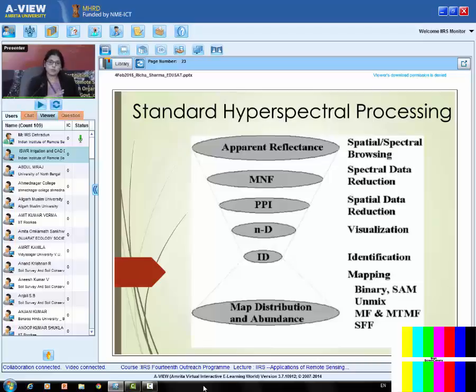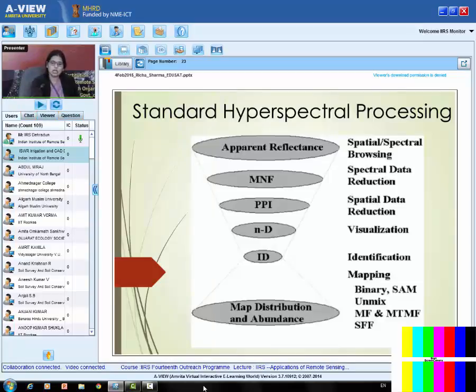Only those pure pixels we will visualize using the n-dimension visualizer, and then we will try to identify them for a particular class, say water class or soil class or a particular mineral, and that particular pixel or a set of 10-15 pixels will be given as the training set for the classification of the whole image, and then the classification algorithms will be applied.